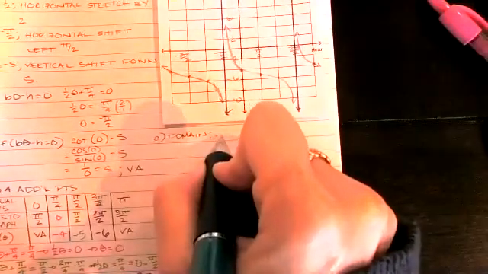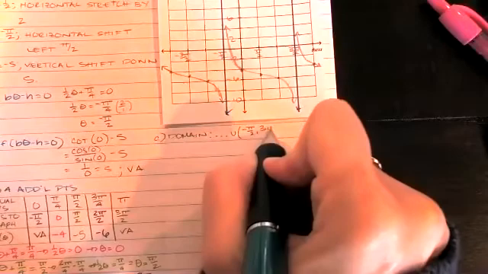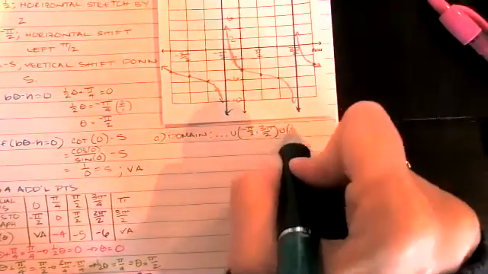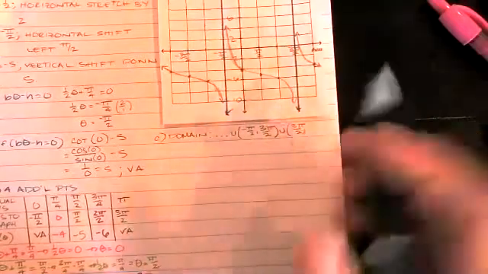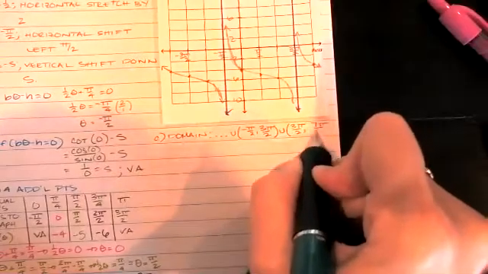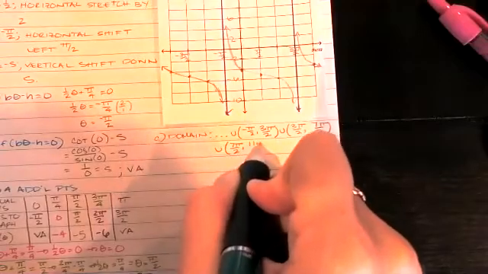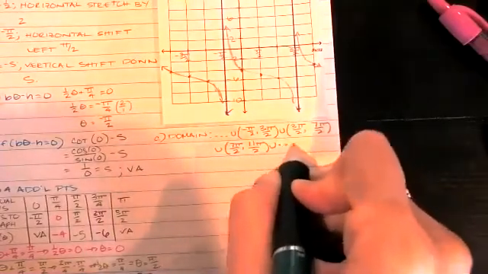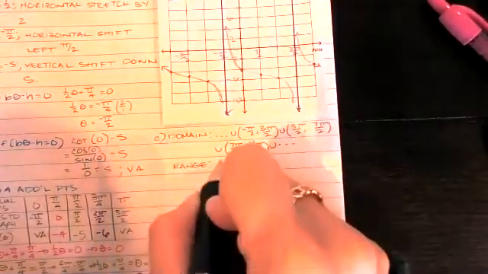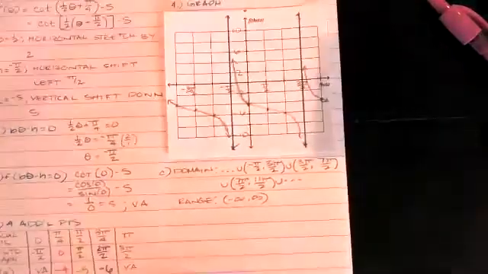We have dot, dot, dot, union, negative pi over 2 to 3 pi over 2, union 3 pi over 2, comma, and this is 4, right? So 3 plus 4 should be 7 pi over 2. Union 7 pi over 2, comma 11 pi over 2, union dot, dot, dot. And then the range, our good friend negative infinity to positive infinity. There we go. Is that better?